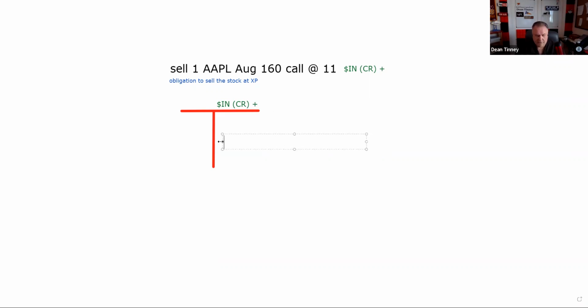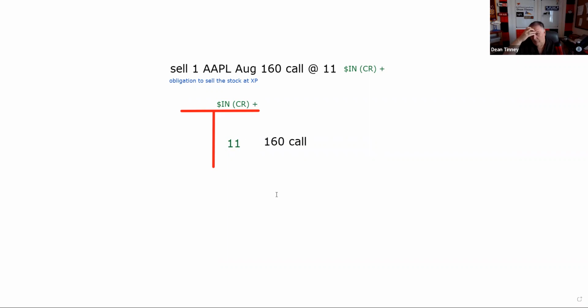I'm going to put 11 there. But we could have put 1,100 in there, and if it was 10 contracts, we could put 11,000. I just think it's a mess. So I personally recommend we do things on a per share basis, and then when we're all done, ask how many contracts there are.